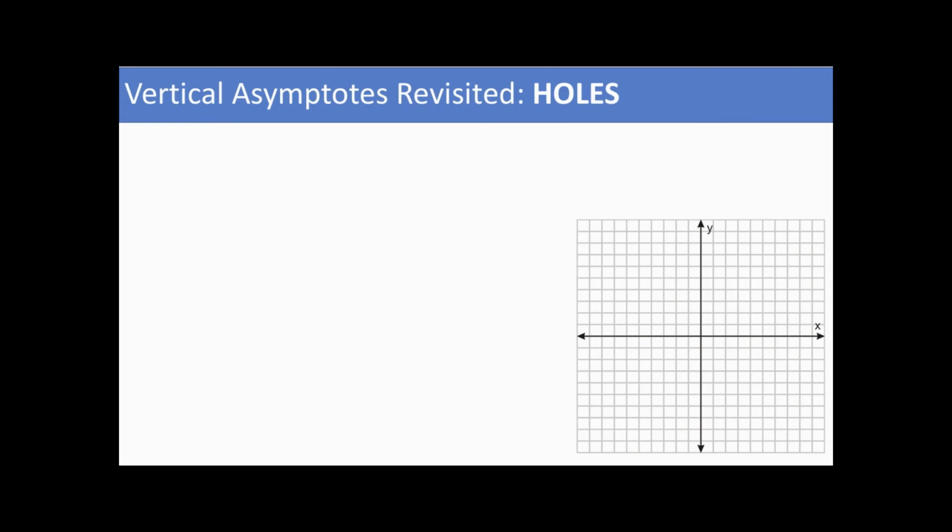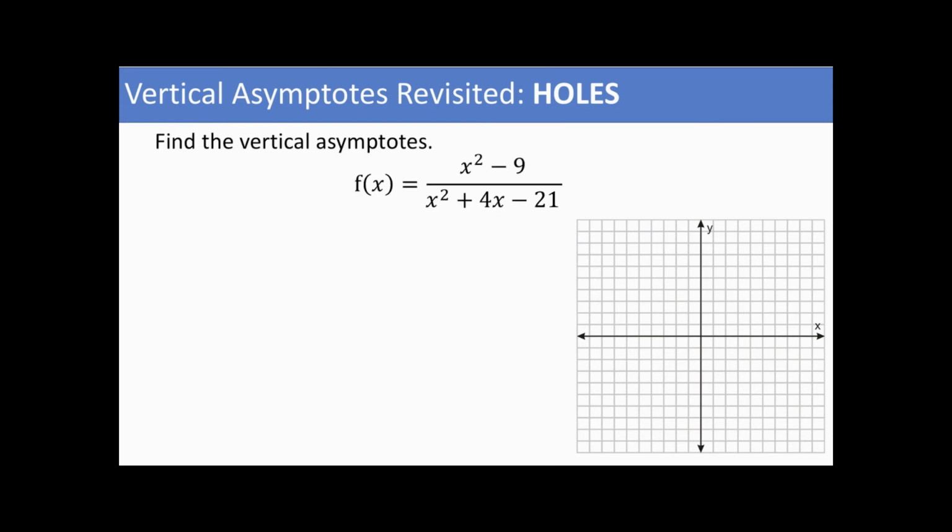So let's go to our special case, vertical asymptotes revisited. Okay. So if we're looking here, generally for the vertical asymptote, I would say let's factor the denominator and find the domain first.